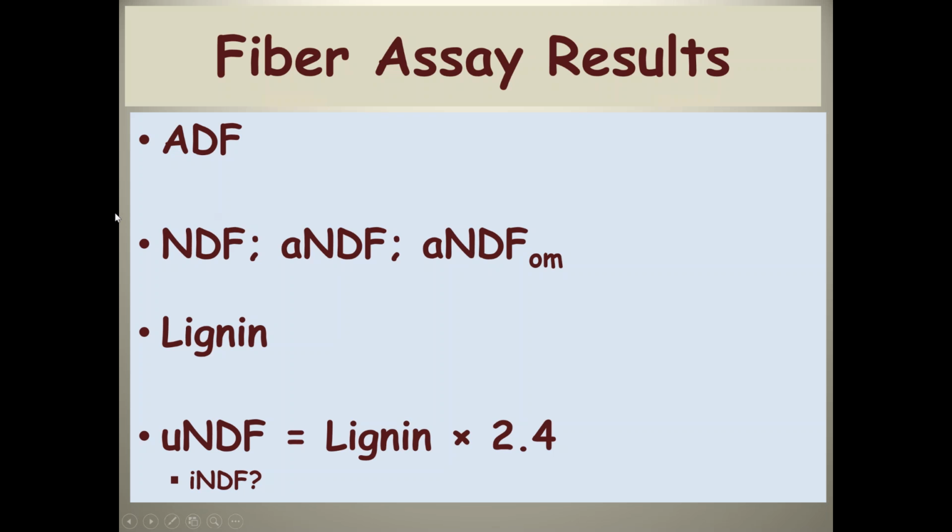In recent years, Dr. Mertens got the AOAC group to approve the NDF procedure, and the little a NDF denotes that it would include sodium sulfite to remove residue protein, and then use alpha amylase to remove starch from the NDF residue.